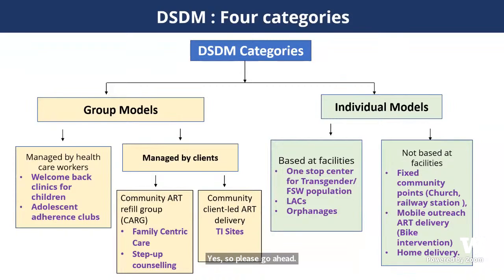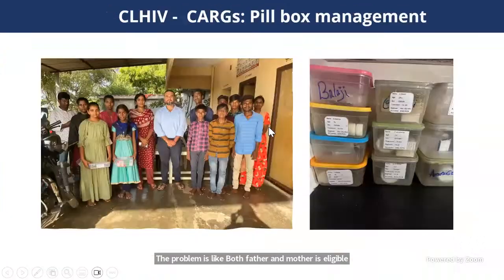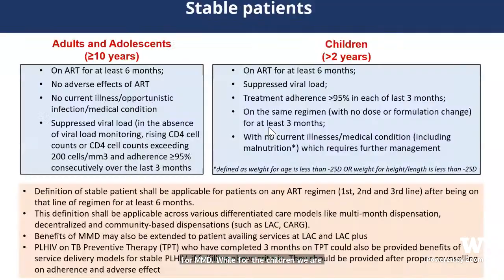For eligible adult clients, we are giving MMD. But we can't give MMD or 2 months dispensing to the pediatric children. The problem is that both father and mother are eligible for MMD, while for the children we are giving only for 1 month.